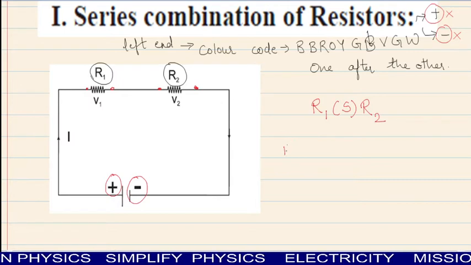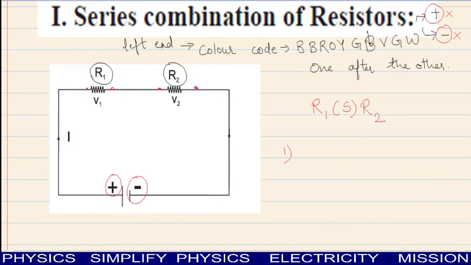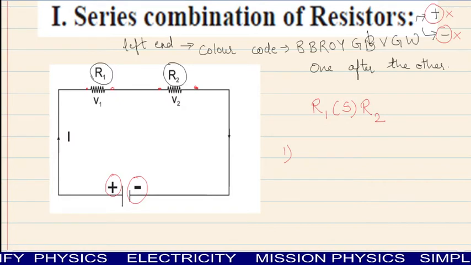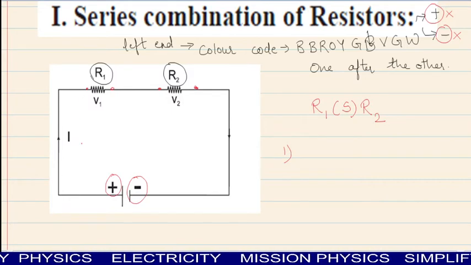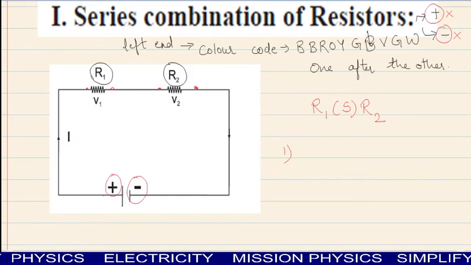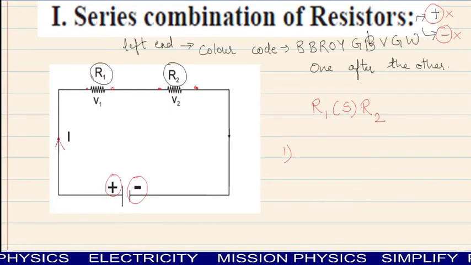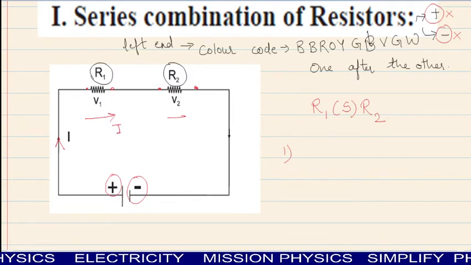Now the main thing is whenever two resistors are connected in series, the current flowing through both the resistors is the same. So we extracted current I from the positive terminal of the cell, and this same current passes through R1 as well as R2.